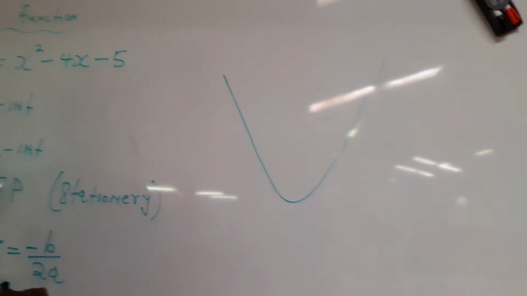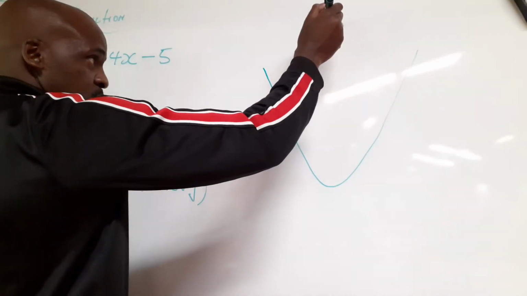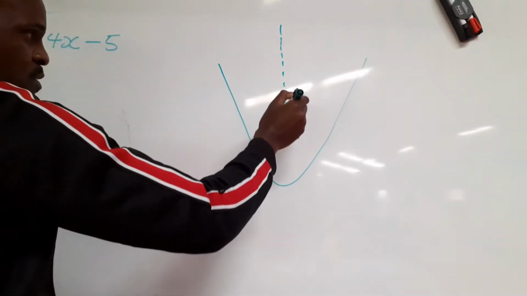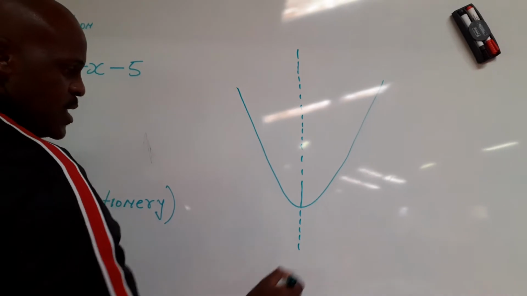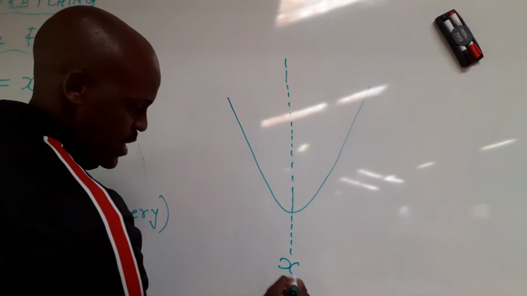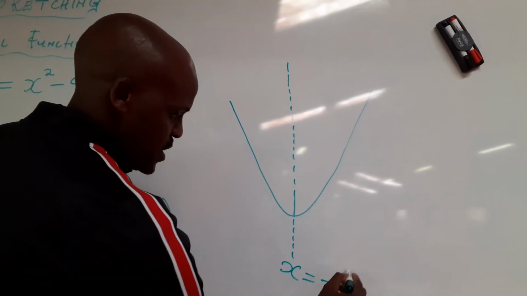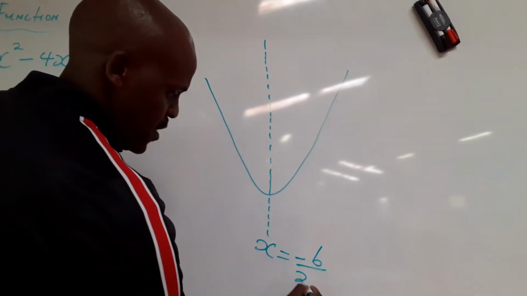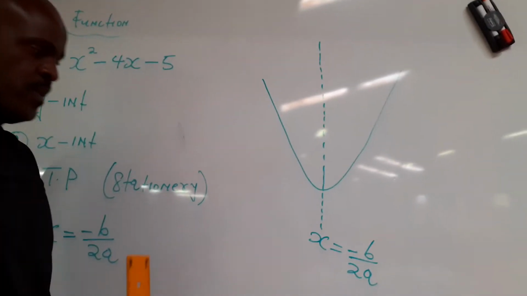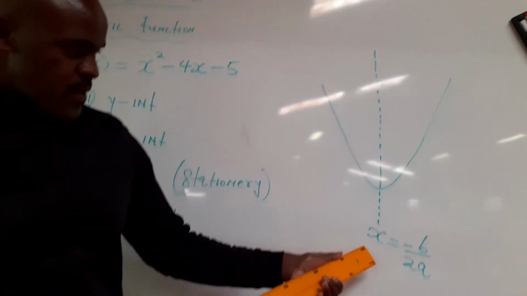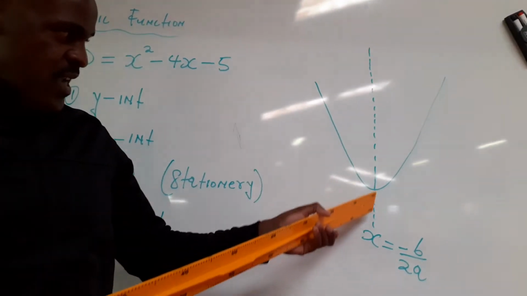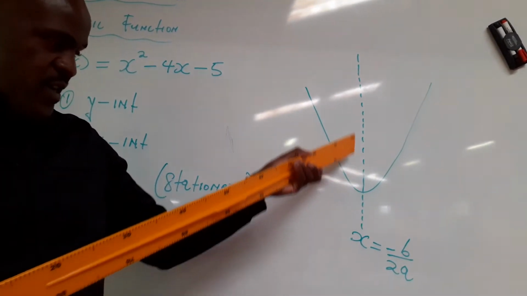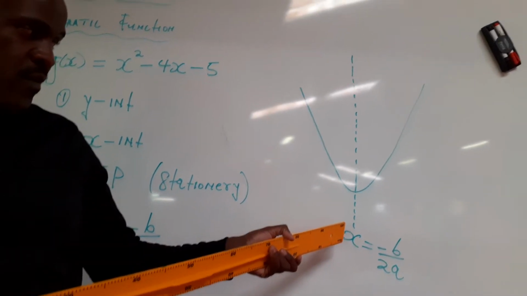So this is the x value at the turning point. The axis of symmetry is x equal to negative b over 2a. It divides this graph into 2 equal halves.